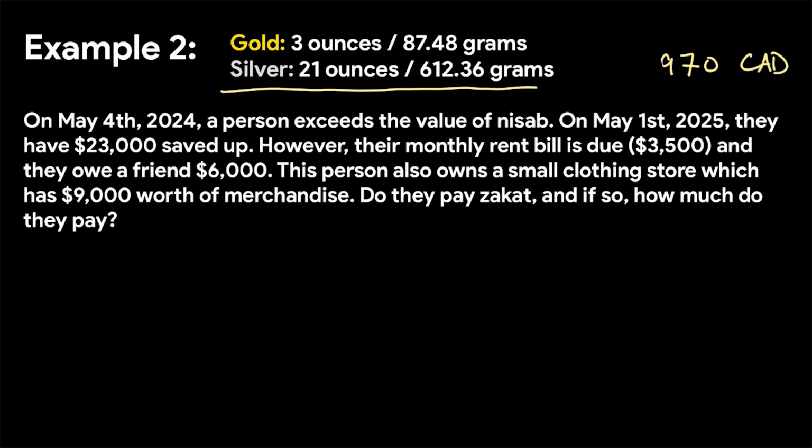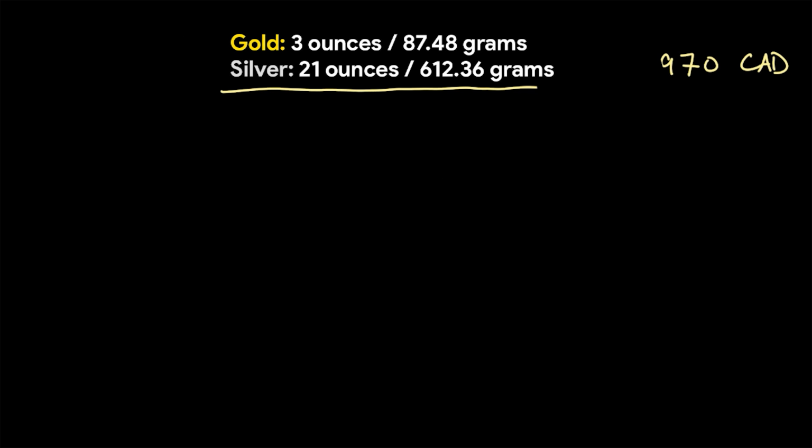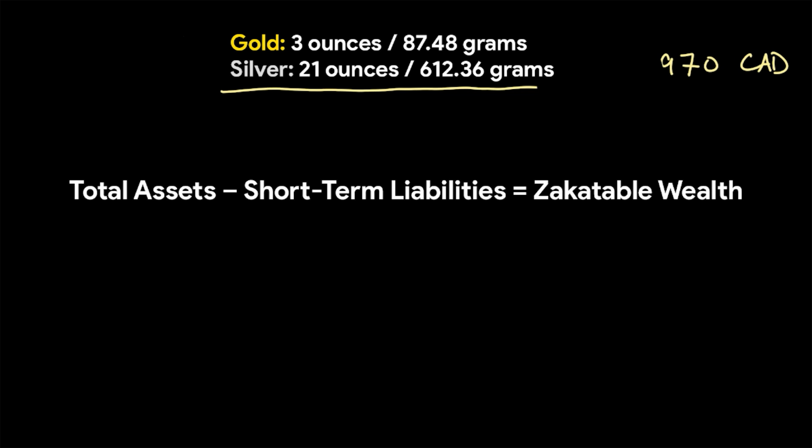So again, let's bring up the Zakat calculation formula. Total assets minus short-term liabilities equals Zakatable wealth. This person's assets were $23,000 in savings plus $9,000 worth of store merchandise.